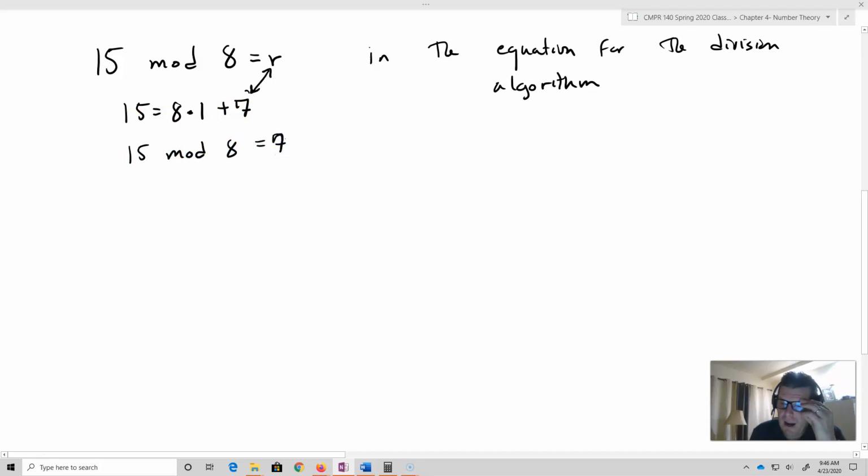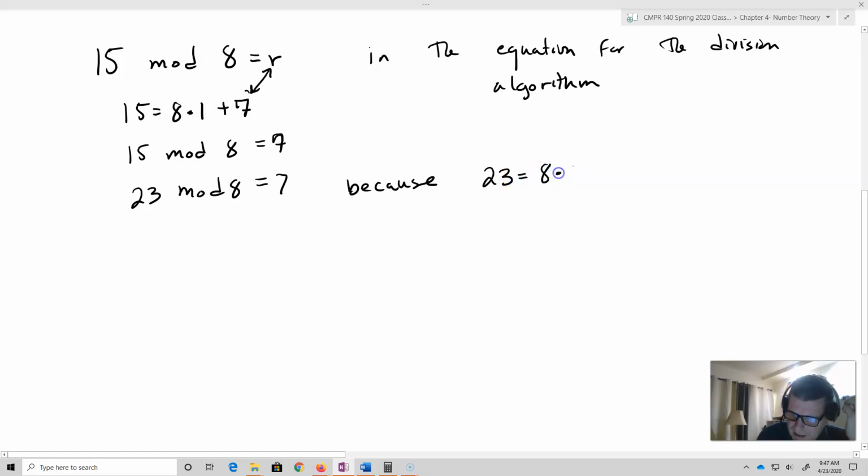Now, 15 is not the only number that has 7 as its modulo 8. 23 mod 8 will also equal 7 because 23 equals 8 times 2 plus 7. So its remainder again is 7.